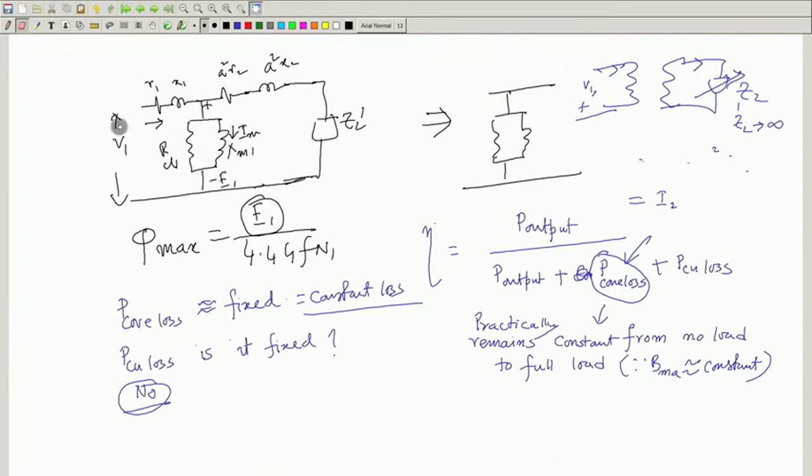In terms of the approximate equivalent circuit, it is, oh sorry, copper loss at any current I2 on the secondary side will be I2 dash squared into R E1.